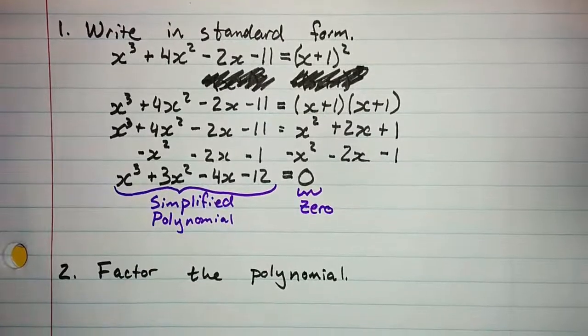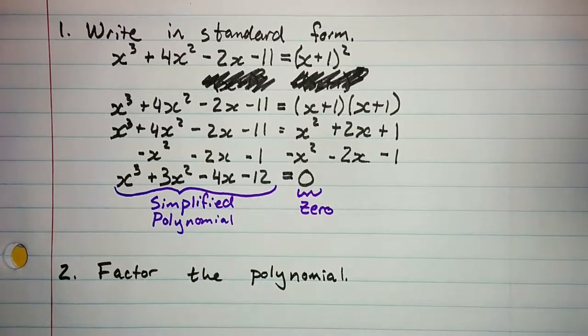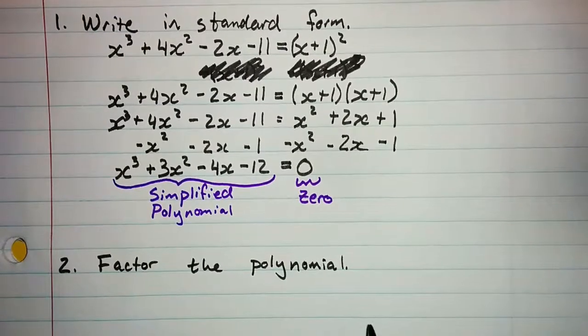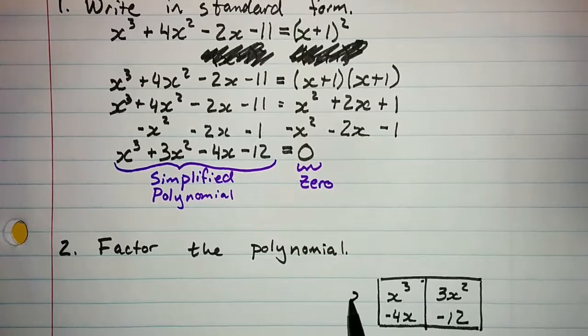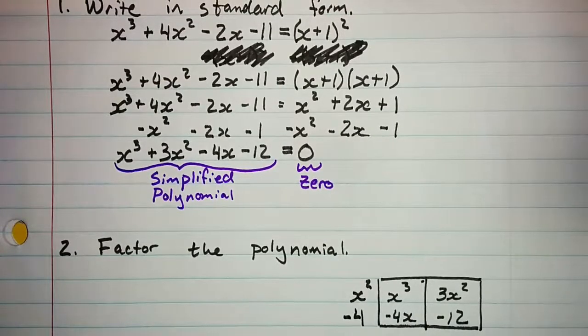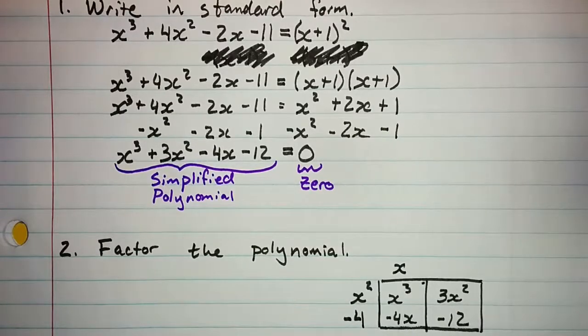polynomial. This has 1, 2, 3, 4 terms and no common factor, so I'm going to factor it by grouping. Greatest common factor here is x squared. Here, I'm pretty sure I'm going to want a negative 4. X times x squared is x cubed. X times negative 4 is negative 4x.